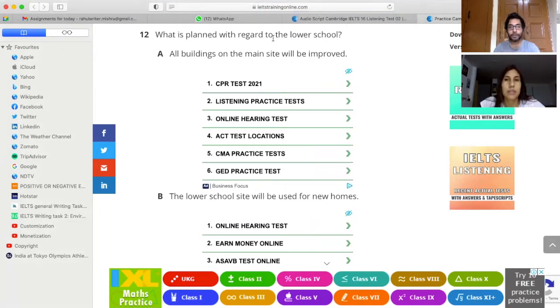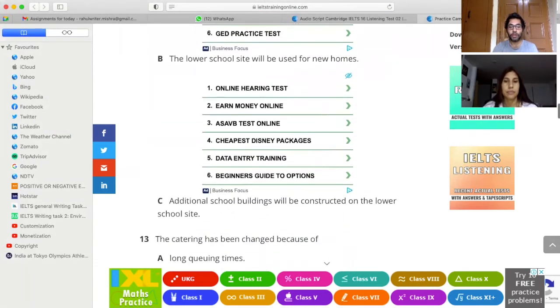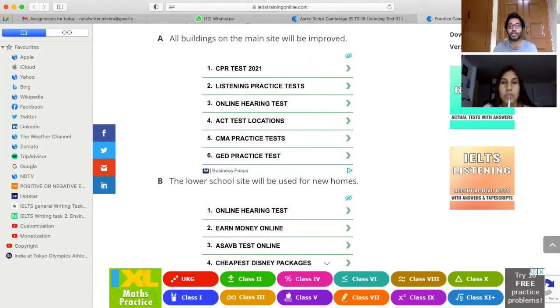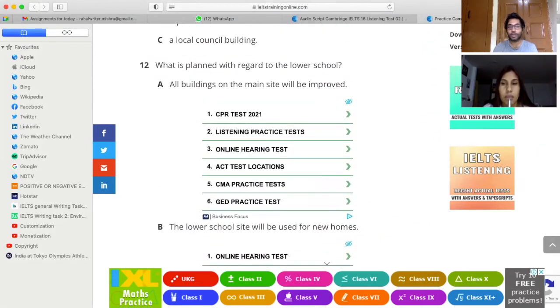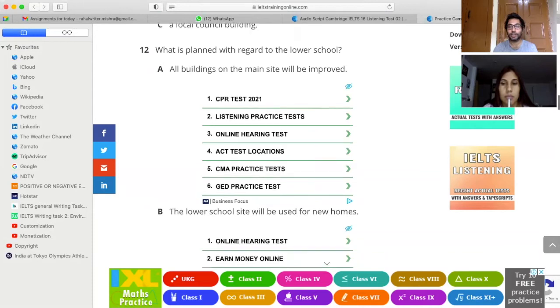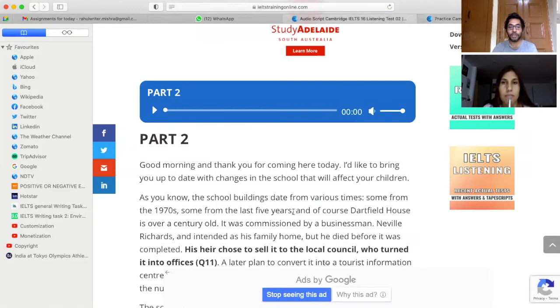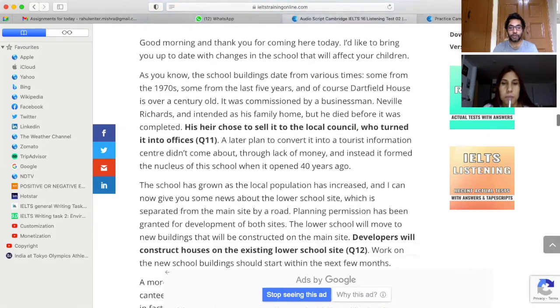Right, we have to go according to the question only. Only two of the parts are talking about the lower school site, B and C. The first part is not even mentioning the lower school site. So the first cannot be our answer. It's either B or C. Now let us see what it is exactly.